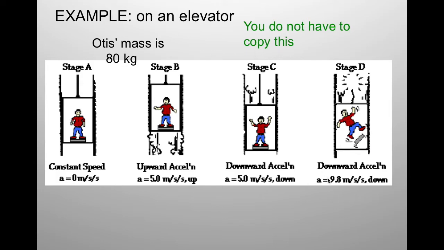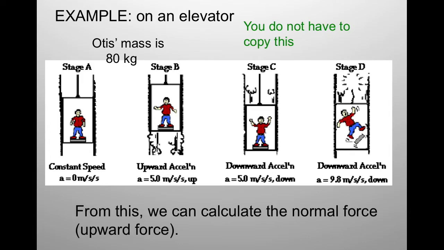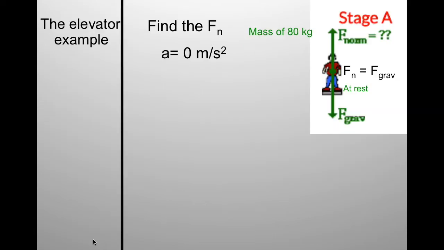And over here, it is accelerating at the rate of gravity. So we have 9.81 meters per second squared down. From this, we can calculate the normal force, which is the upward push up on Otis. And given that we find the normal force, we should be able to figure out what he weighs at that moment in time. Let's do the math.